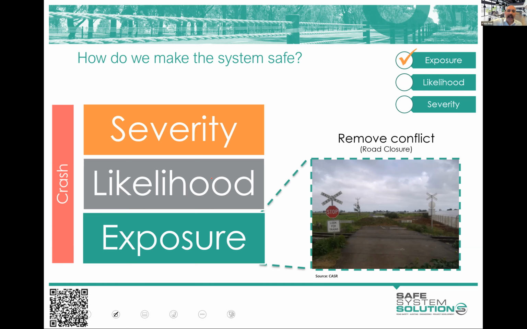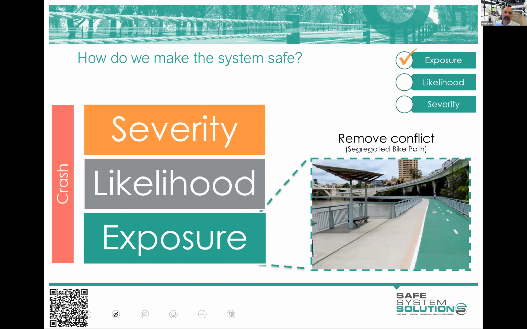But the examples I gave of treatments that really influence exposure: completely closing off a road, removing all the conflict points, is an exposure factor. Or full separation, completely separating a road user, so the cyclists are not exposed to vehicle crashes, or the pedestrians are not exposed to vehicle crashes. So they're the exposure factors.